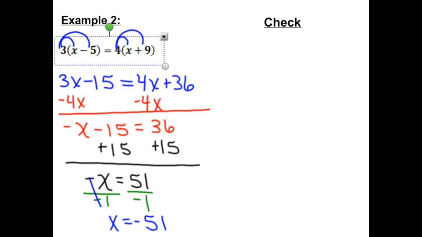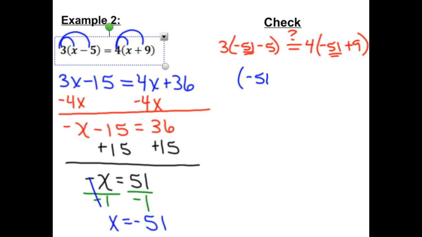So again, we want to check that, make sure it's correct. So we're going to plug that negative 51 into our equation for x. So that means we're going to have 3 times negative 51 minus 5. And we want to know if that is the same thing as saying 4 times negative 51 plus 9. See the negative 51? We just subbed it in for x. So now we're going to do some arithmetic. Inside the parentheses, we're going to get a negative 56.